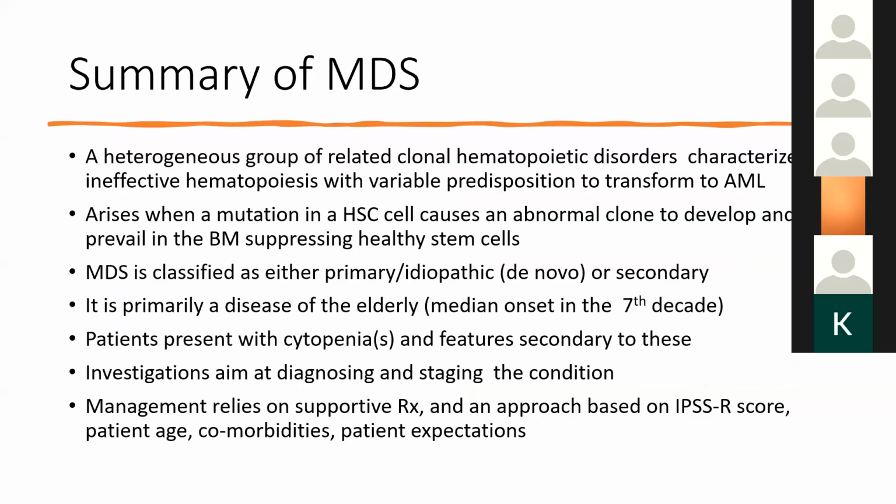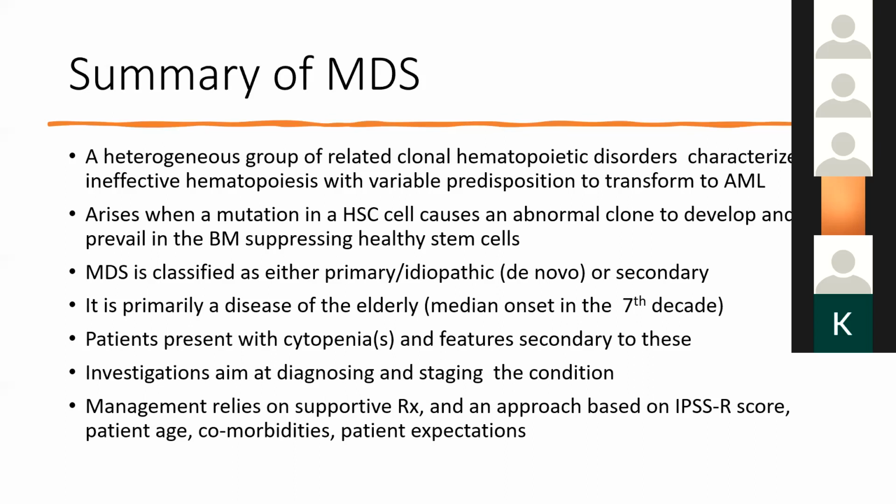Okay, so we can summarize MDS as a heterogeneous group. We saw there are many subgroups of it, so it's a heterogeneous group of related clonal hematopoietic disorders, and we saw how they were related, and they're characterized by ineffective hematopoiesis with variable predisposition to transform to acute myeloid leukemia.